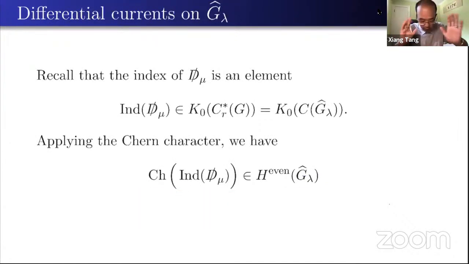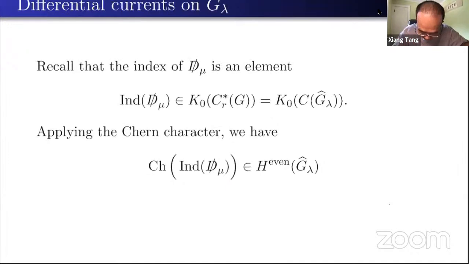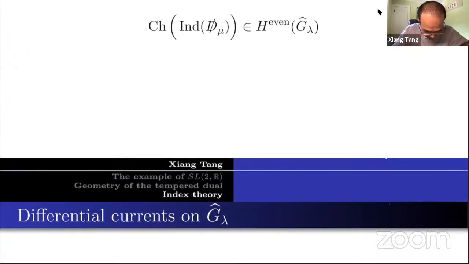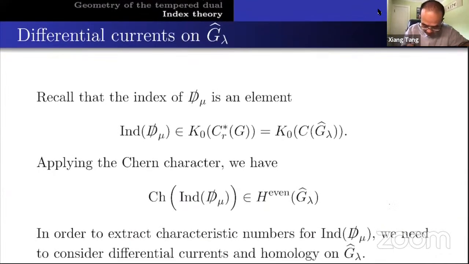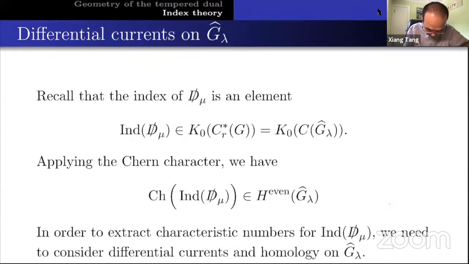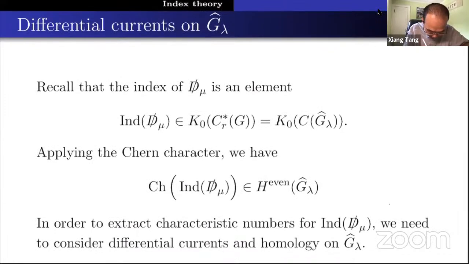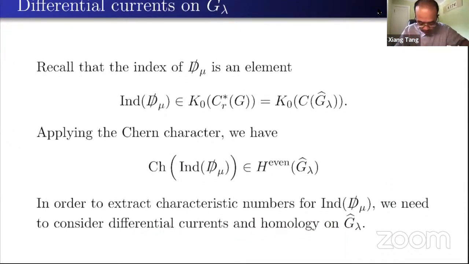The space is not a very smooth manifold, but intuitively we can still use the Chern character to map into the cohomologies. Then if we are interested in defining some characteristic numbers, we need to consider differential currents or homologies to pair with these cohomologies, right? That's the natural question we would like to study.